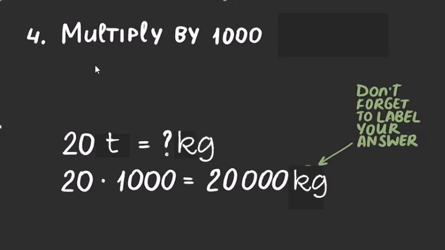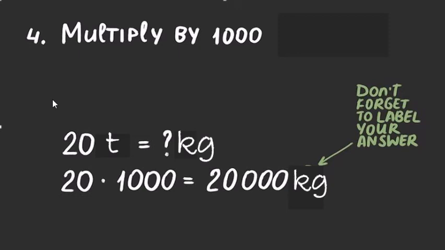Since multiplication is basically the opposite operation of division, this will undo the division and give you kilograms. To get 20 tons back to kilograms, we just multiply by 1000.